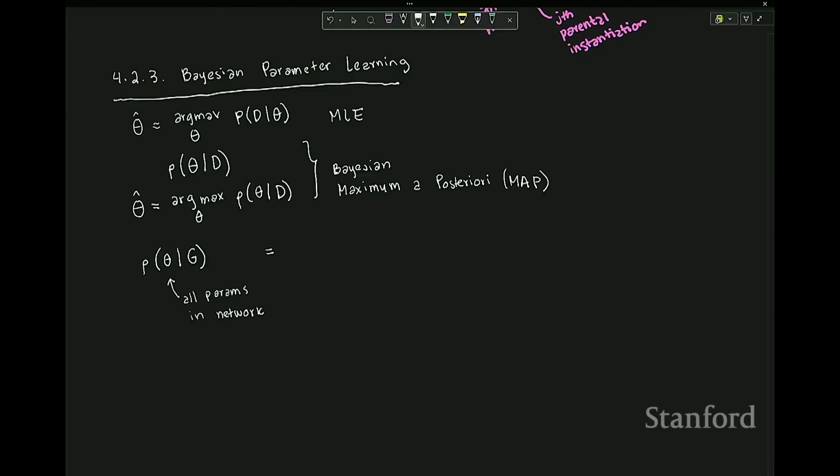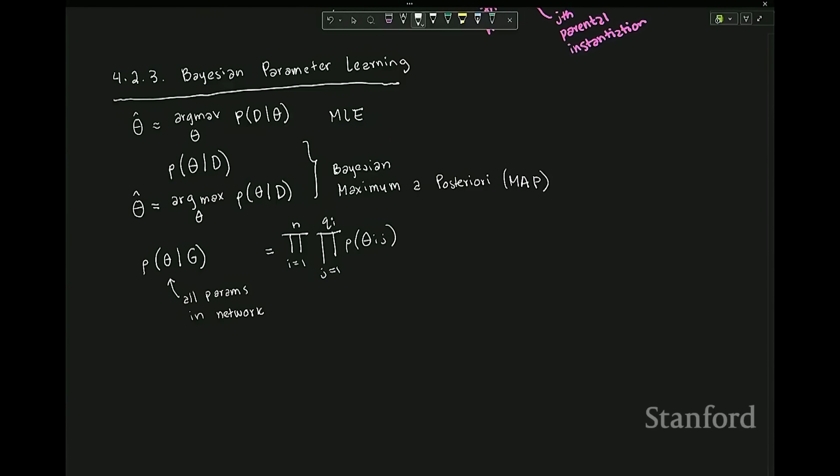And this probability is going to be the product from i equals 1 to n, so that's over all nodes, and from j equals 1 to qi, so over all parental instantiations, of p of theta ij.